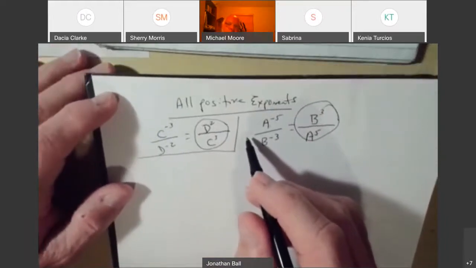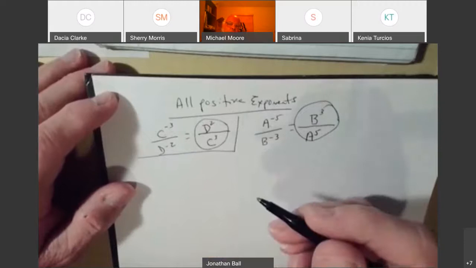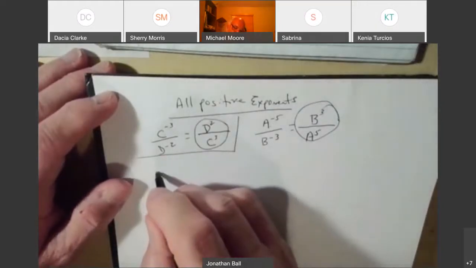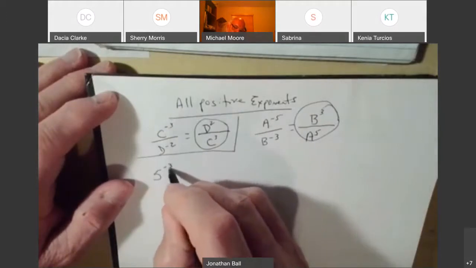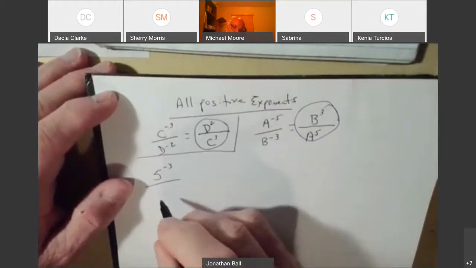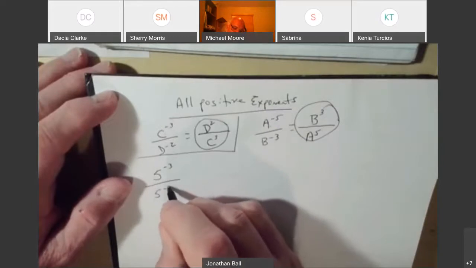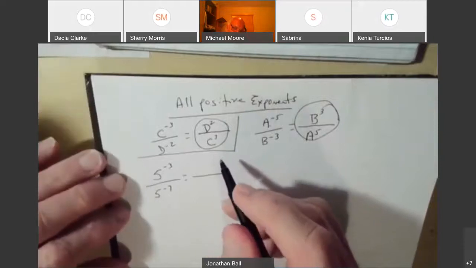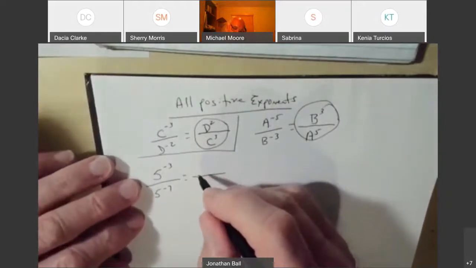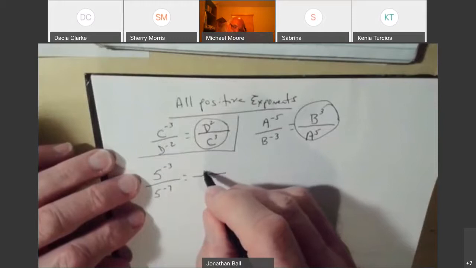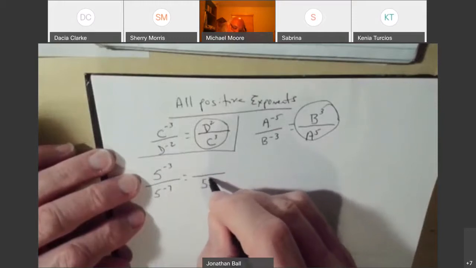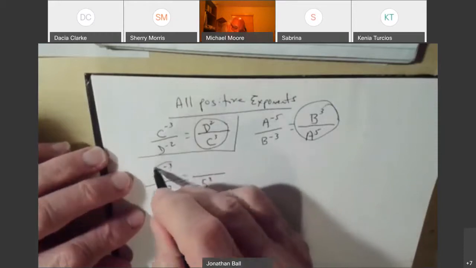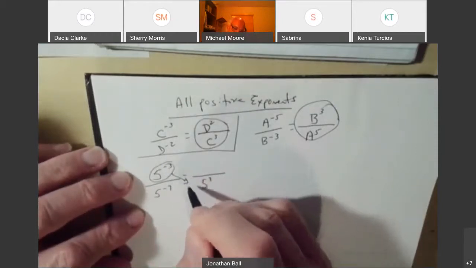So what if we have 5 to the minus 3 over 5 to the minus 7? So this is going to be 5 cubed. In the denominator, the exponent's negative, so we move it to the bottom.